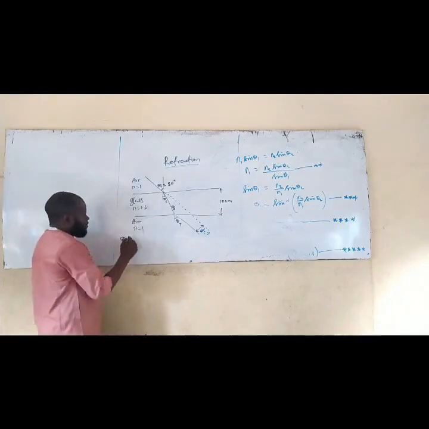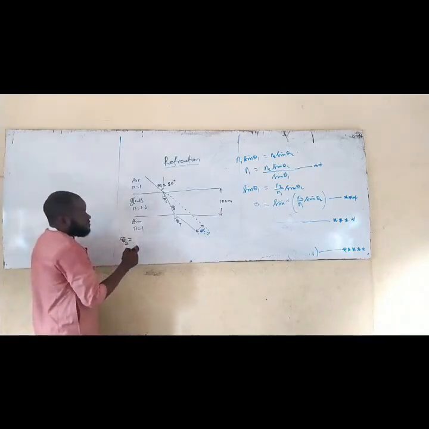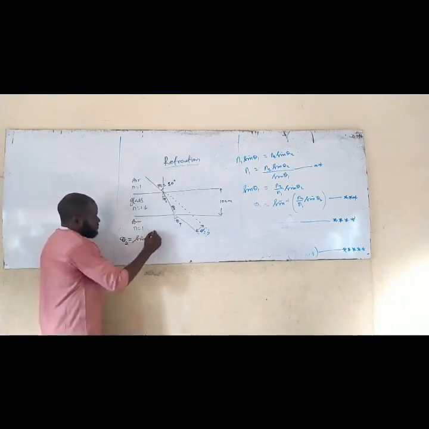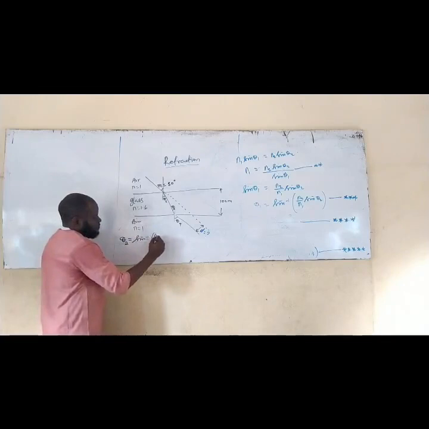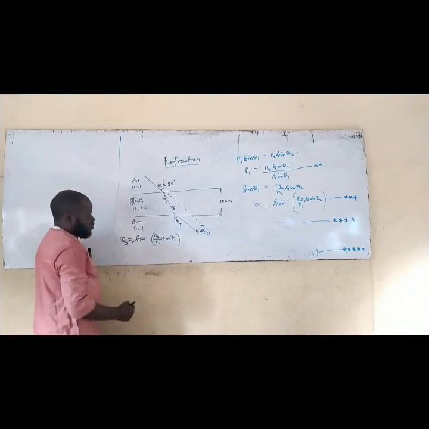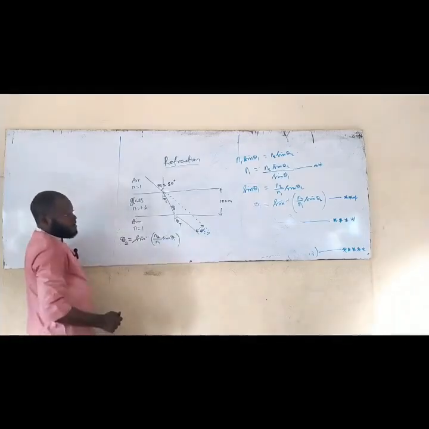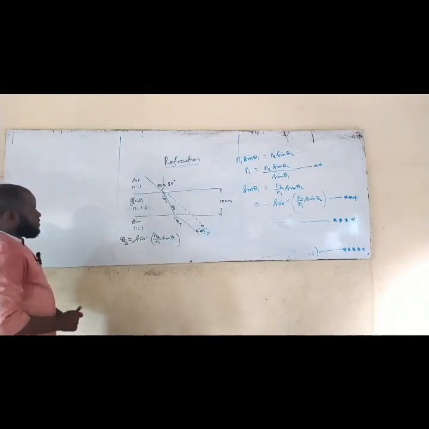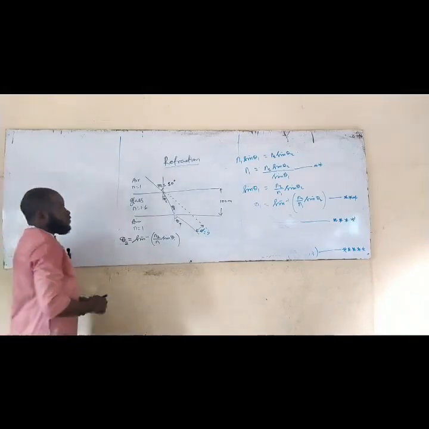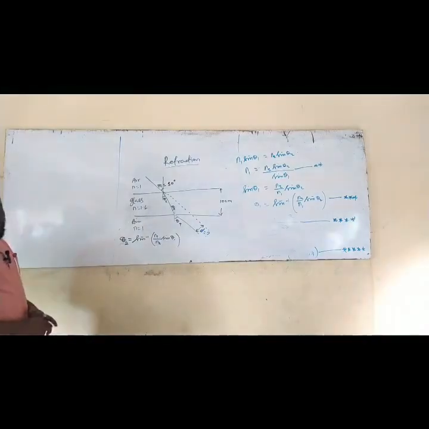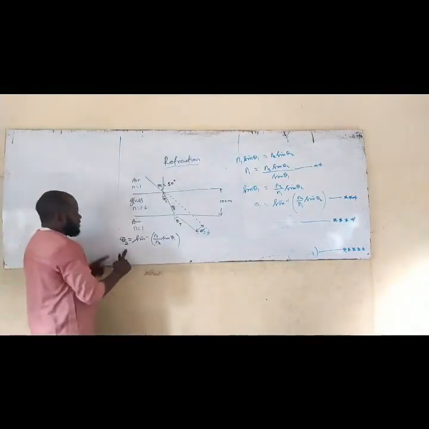So theta 2 that we are looking for is going to equal to arc sine of n1 over n2 sine theta 1, right? Please check. Alright, so that should be the case now.